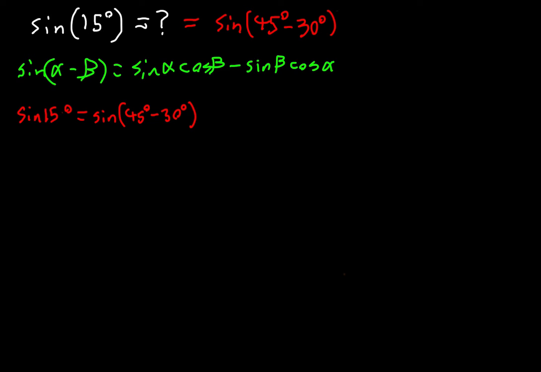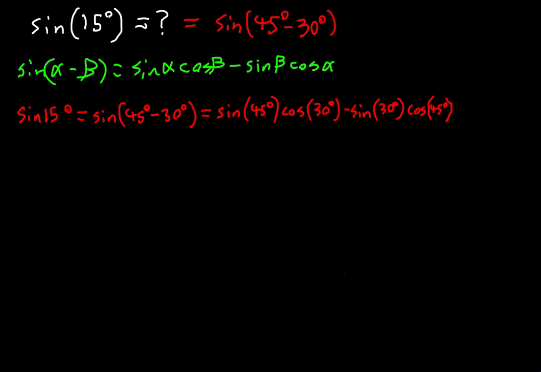Sine of 15 degrees is the sine of 45 degrees minus 30 degrees. So let's plug those values into our formula. That's going to be the sine of 45 degrees times the cosine of 30 degrees minus the sine of 30 degrees times the cosine of 45 degrees.